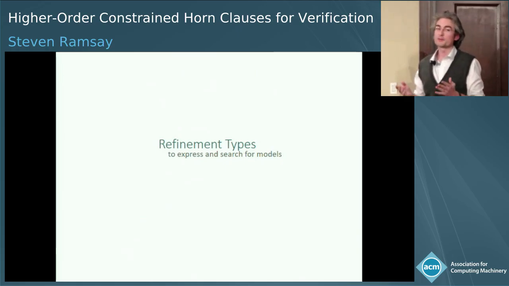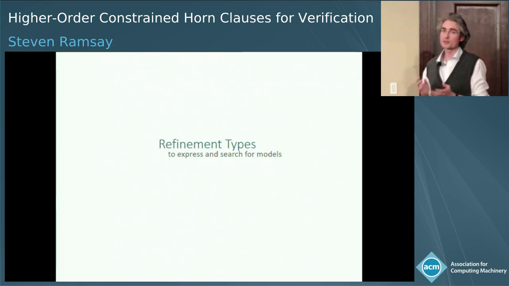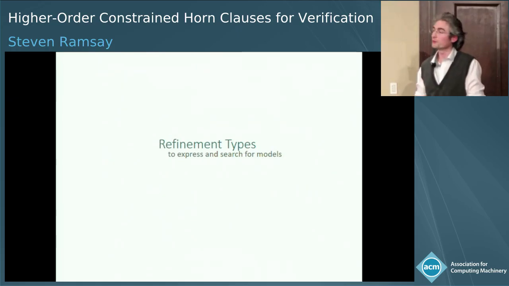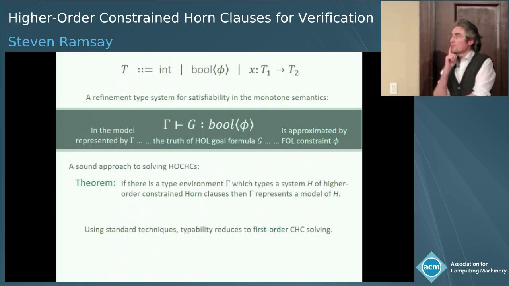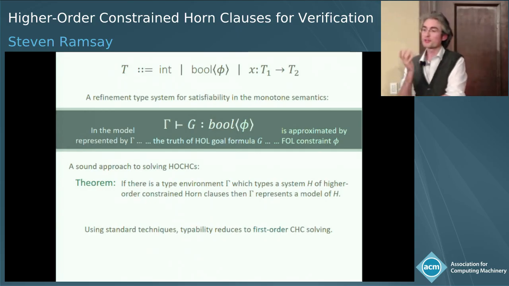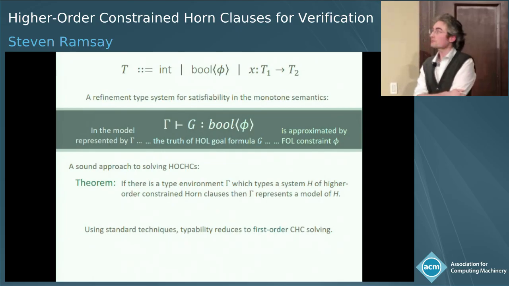an important point in the space of higher order program verification is refinement types. And so that's what we adapted in order to solve systems of higher order constrained horn clauses. So we designed a type system, a refinement type system, that would approximate the monotone semantics.